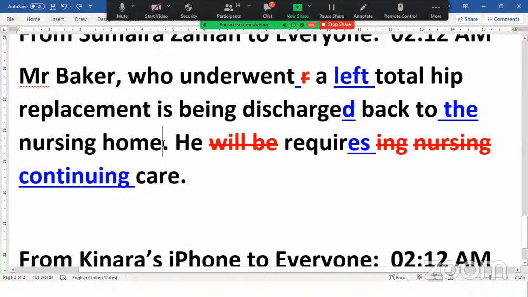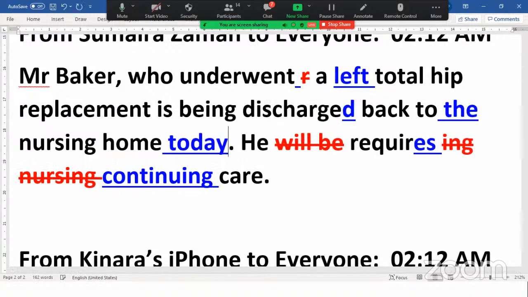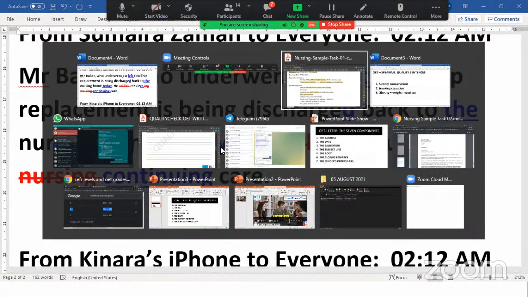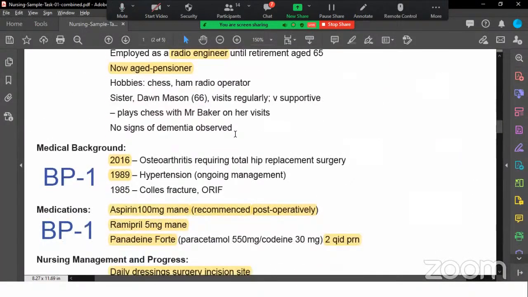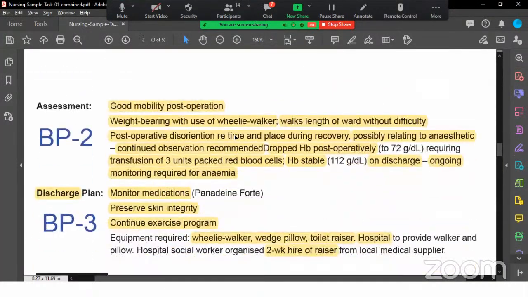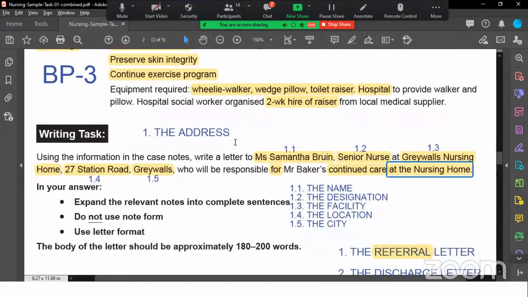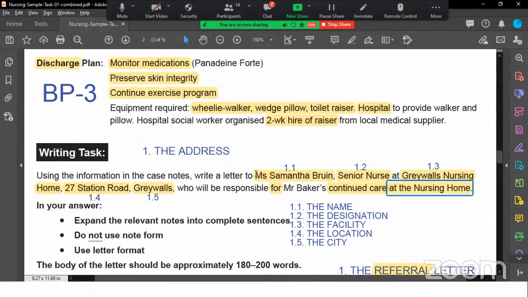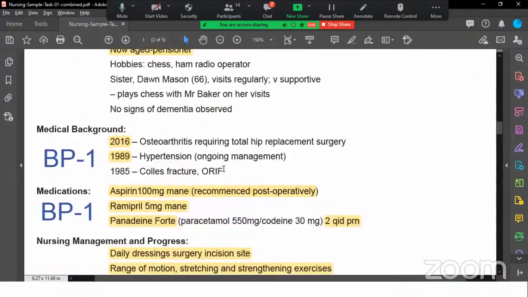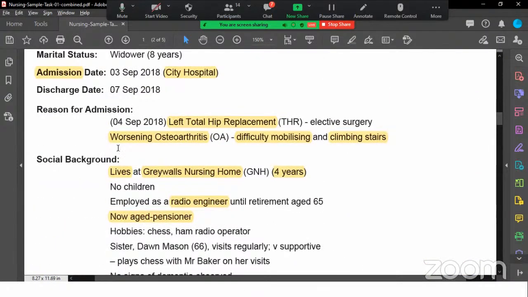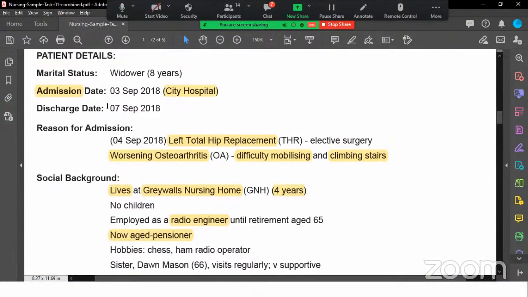To the nursing home today. Is it today? Where will you find the discharge date? 7th September is the discharge date.